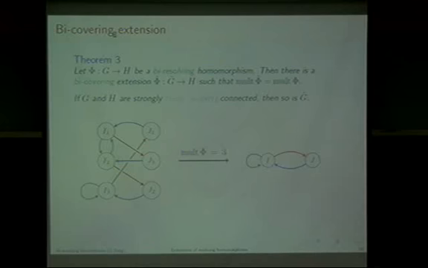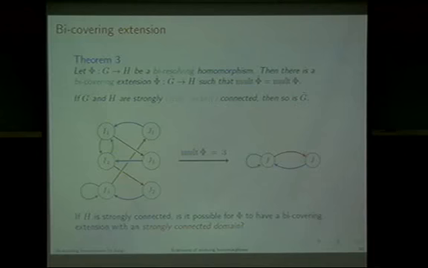So the natural question is the following. If H is strongly connected, we want to find the condition for the original graph or the original bi-resolving homomorphism, so that we can find a bi-covering extension which has a strongly connected domain. It is not true in general that if G is not strongly connected and H is merely strongly connected, then G tilde can be found so that G tilde is strongly connected.